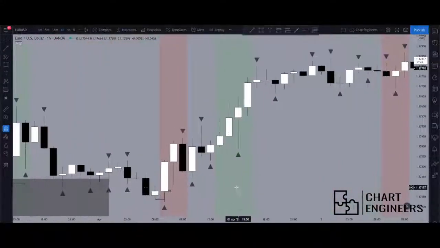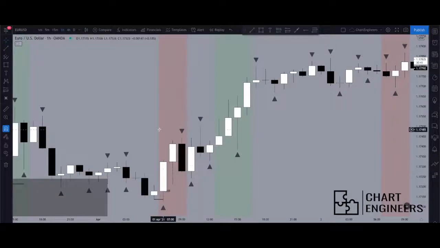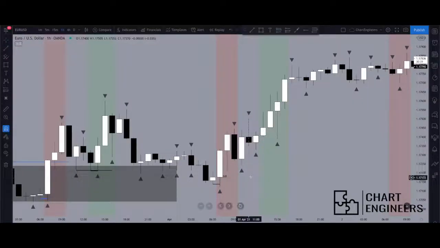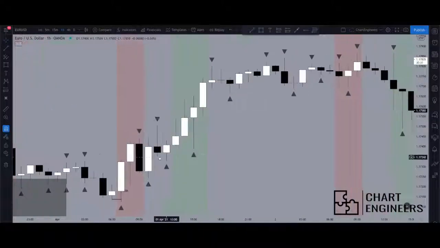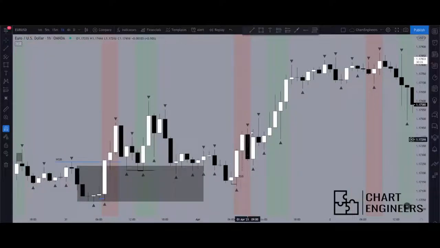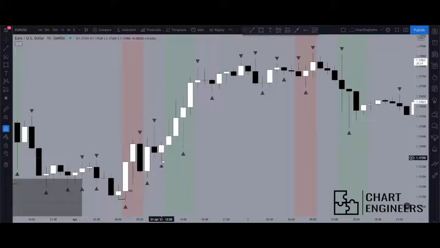So over here we see that there's no reason for price to actually reverse, so we can still be bullish. We actually get a H1 raid here, but the higher time frame is still very bullish, so the H4 is still very bullish.